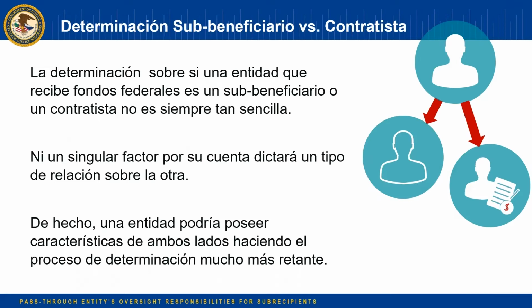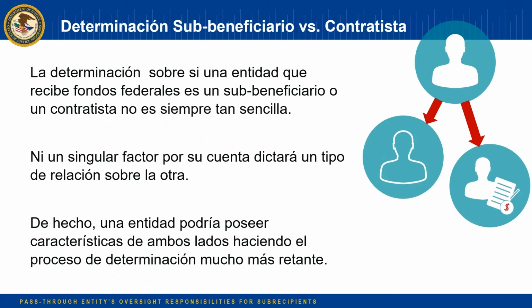It's important to understand that no one single item or factor can dictate one relationship over the other. So in fact, an entity may possess several characteristics, remember I said, of either a contractor or a subrecipient on both sides of this determination factor, which I'll share with you later.